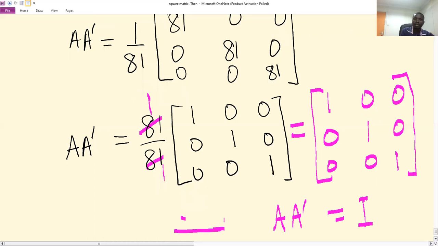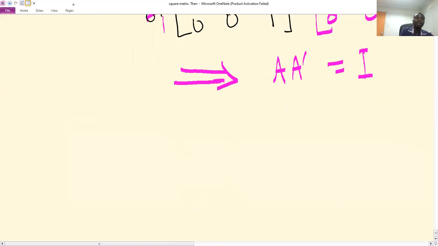Since the product of A and A transpose is an identity matrix, the A transpose must be the inverse of that matrix A. So hence A inverse is the same as A transpose.